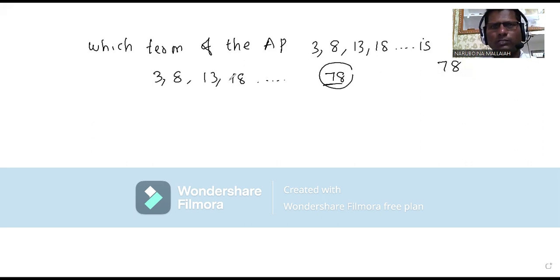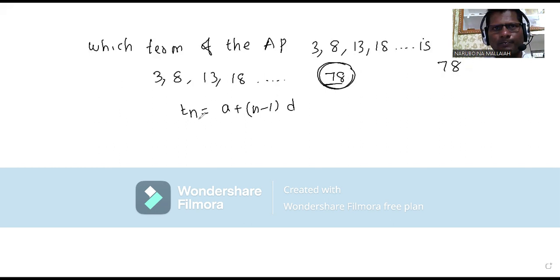This way also the question is asked. To find any term, suppose here 78 is given, we have to find which term number it is. For that, we use the nth term formula: Tn is equal to a plus n minus 1 into d.